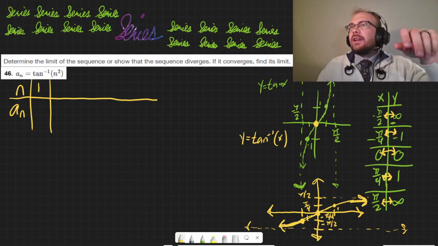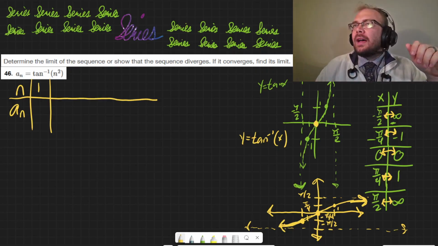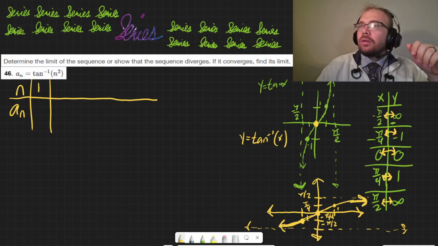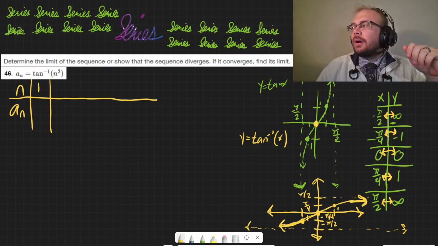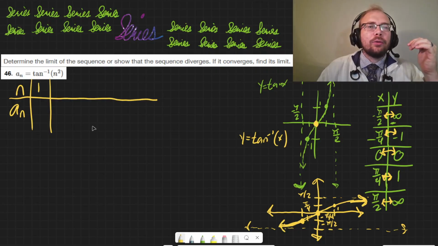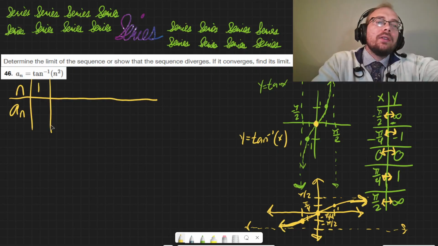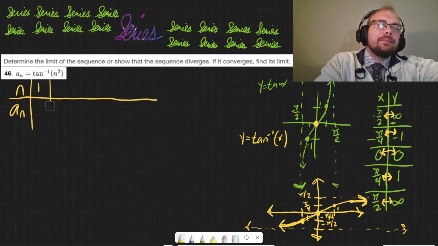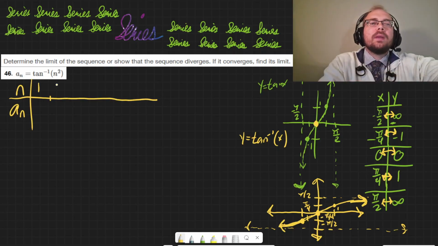And if we type in 1, let's see, what is that about going to equal? Looks like it's going to about equal... we'll do 2 decimal places, maybe. Nah, let's do 3, because we know it's going to go towards pi halves. We know that because that's what the other graph would be doing.